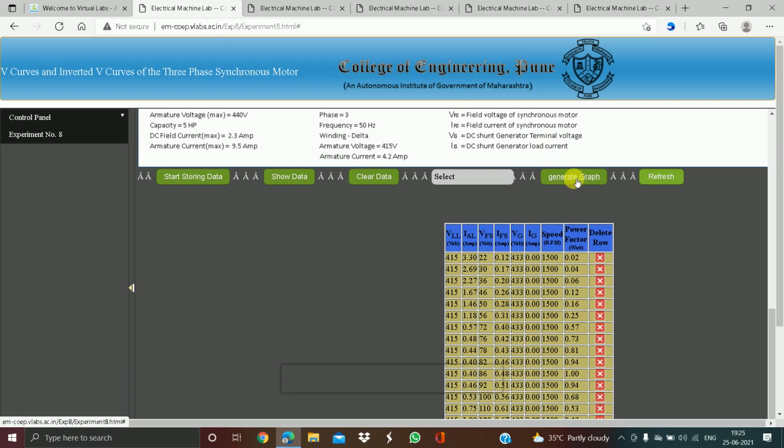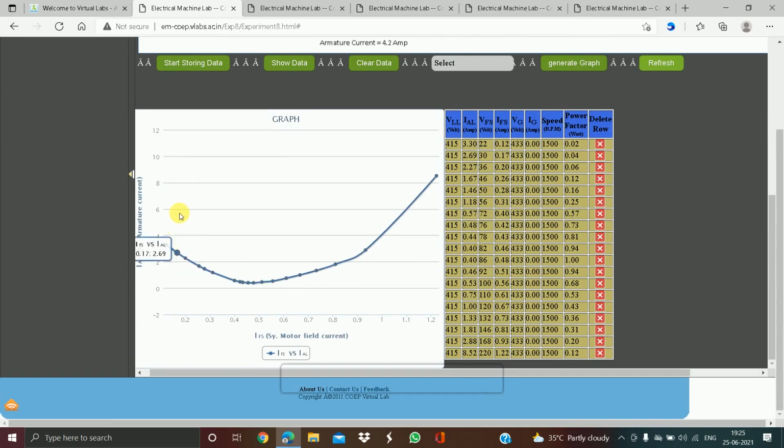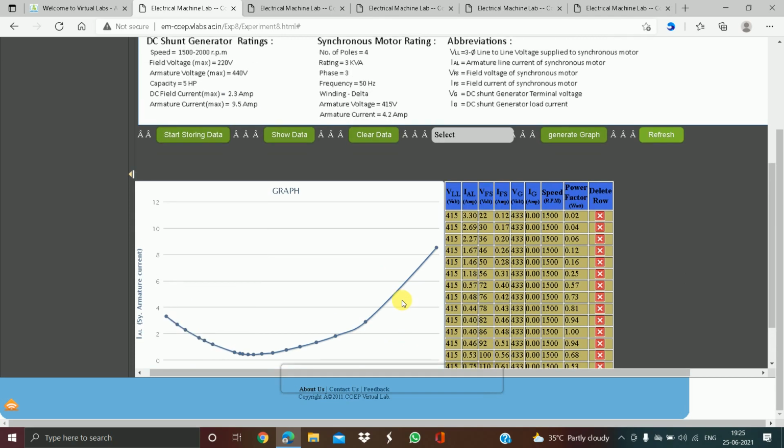To see the graph, click generate graph. You can see this diagram is a V shape. This is the reason why it is named the V curve, and the inverted V curve is drawn between the field current and the power factor.